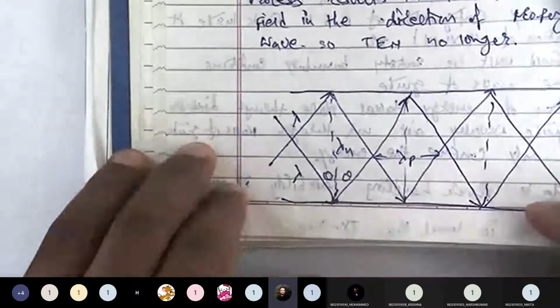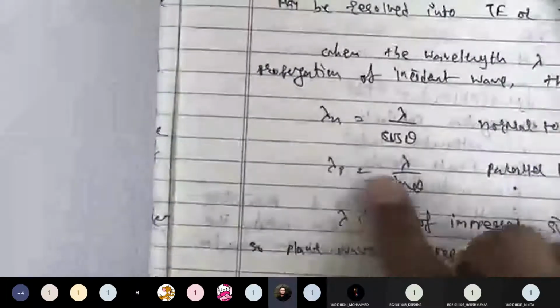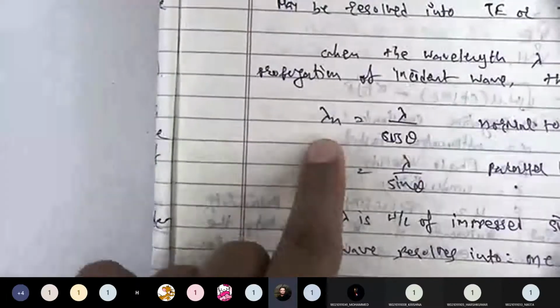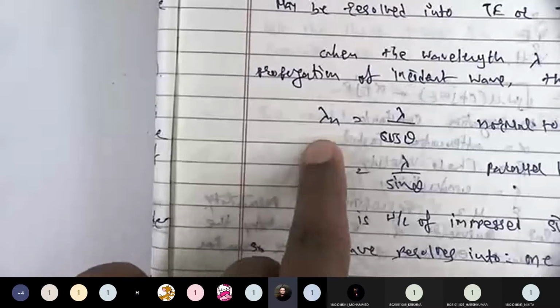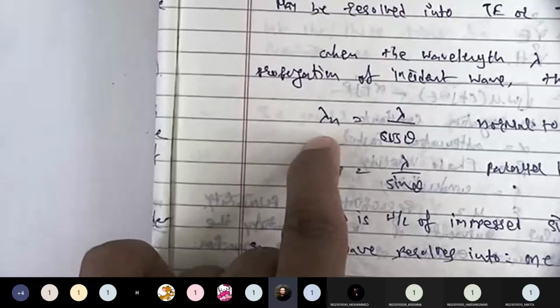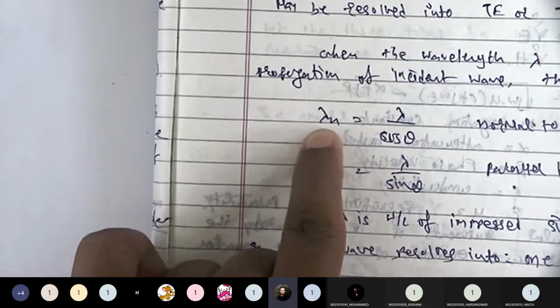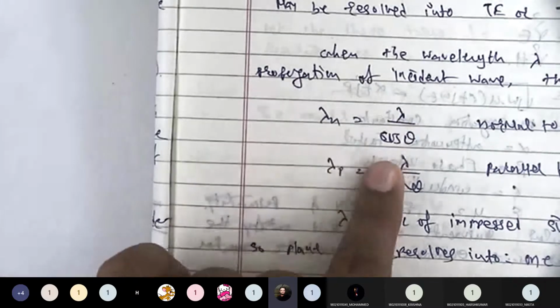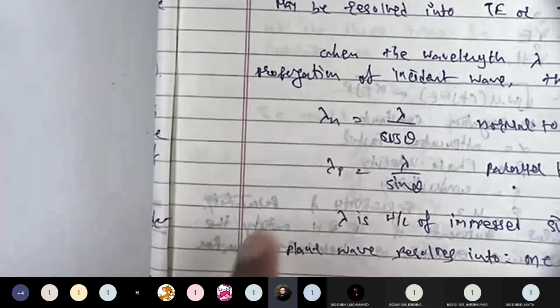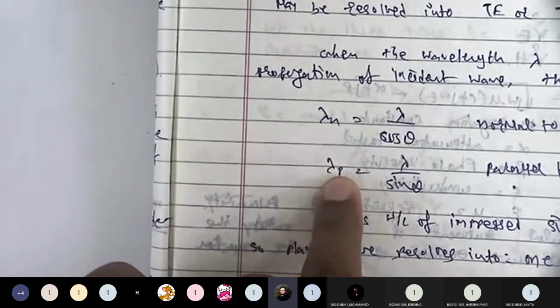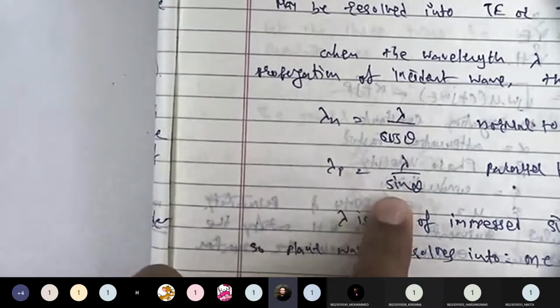So ultimately, I just want to convey that from these mathematical relations, you can see that lambda n is normal to that reflecting plane. Lambda n is lambda by cos theta, and by simple trigonometry we can conclude that lambda p is lambda by sin theta.